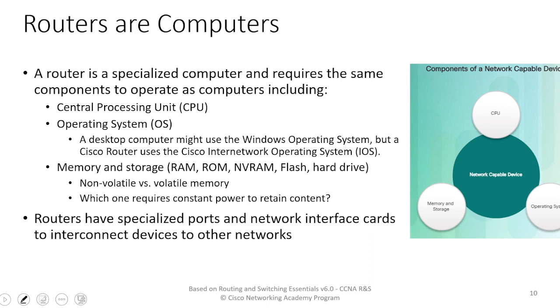This is something you could look into, because there are various operating system and software options you can use to try setting up your own router on a typical personal computing device. That's a possibility as well.